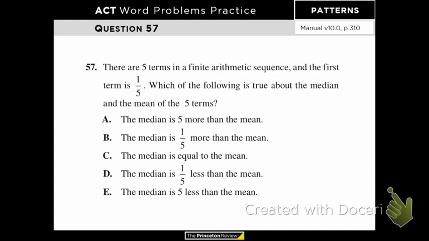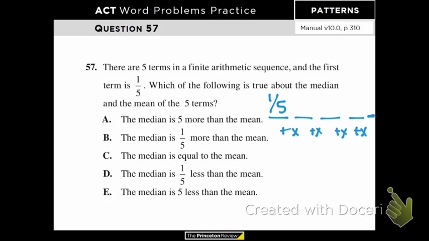So the other thing to think about is that you've got 5 numbers going on here. The first is 1/5, and I know that to find my next number, because it says it's an arithmetic sequence, I'm adding the same amount each time to find my new number.